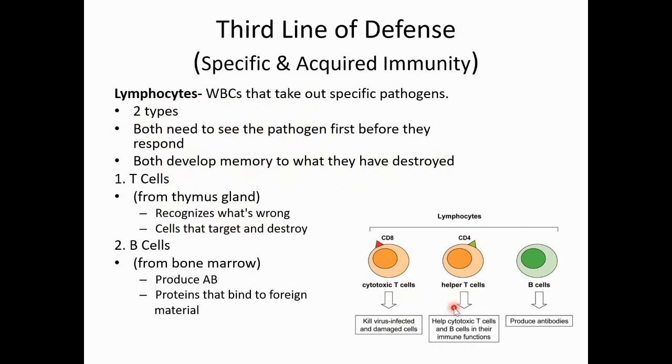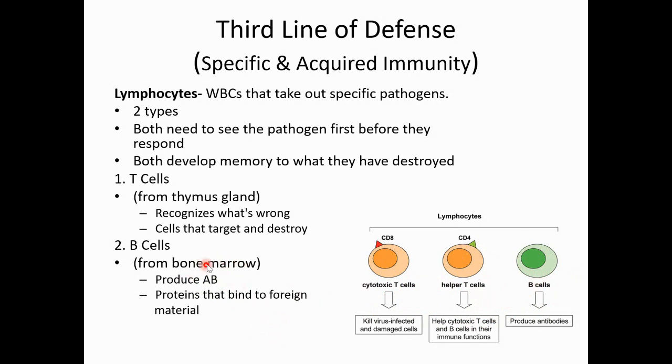They help the T cells and the B cells. B cells produce antibodies. So it's just a little role that they do. This is a killer, this is a helper, and this is an antibody producer.